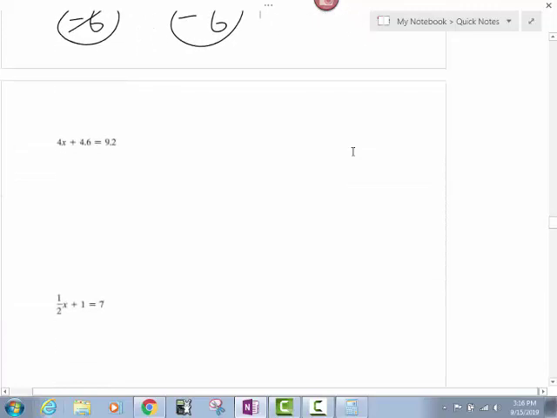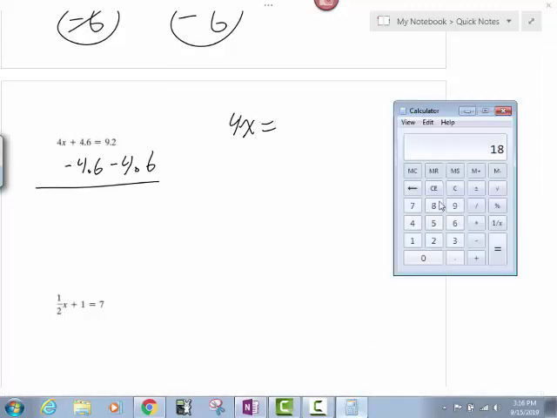Let's take a look at the next one here. We have 4x plus 4.6 equals 9.2. Just like we did earlier, I'm going to subtract 4.6 on both sides. So we're going to end up with 4x equals, let me grab my calculator again, 9.2 minus 4.6 equals 4.6.